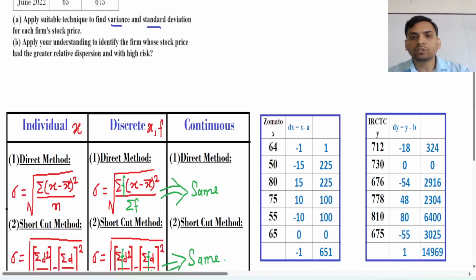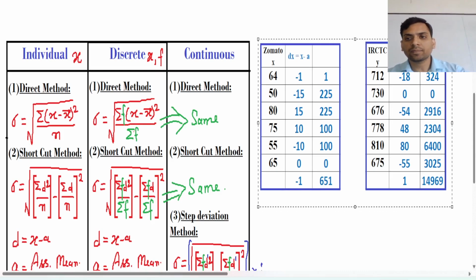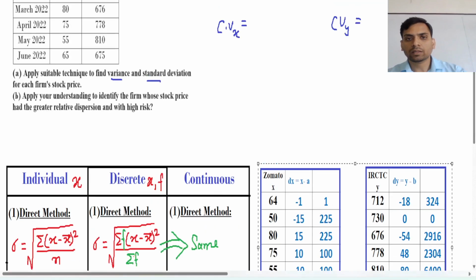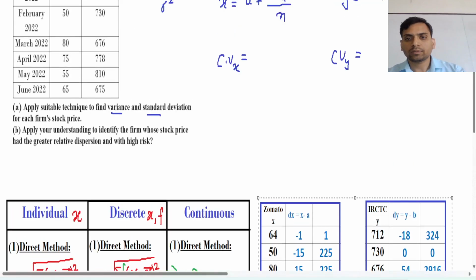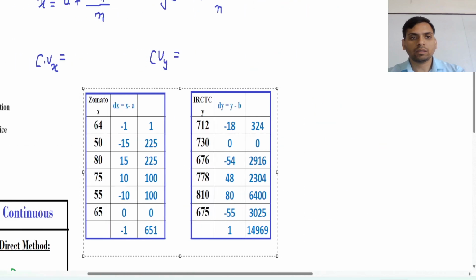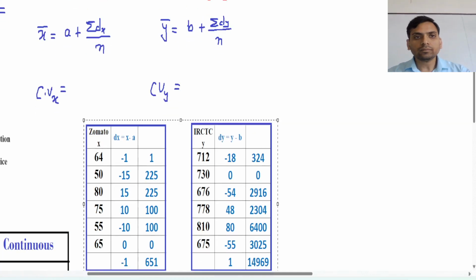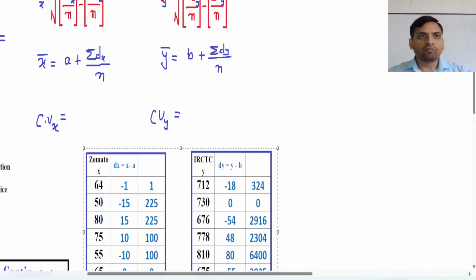So we will prepare two tables. First is this is for Zomato and second is for IRCTC. And for first data set, first we will find dx is equal to x minus a, and for second dy is equal to y minus b.